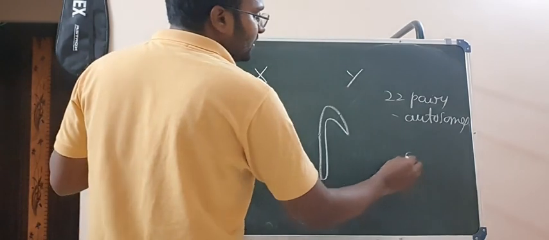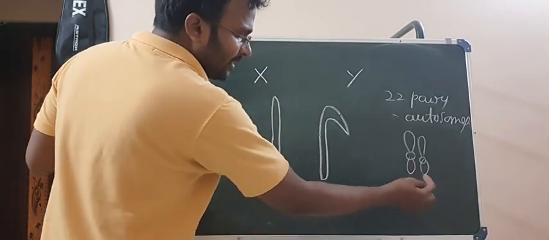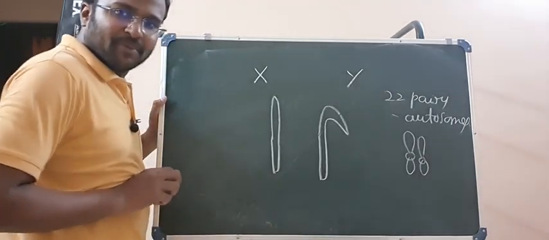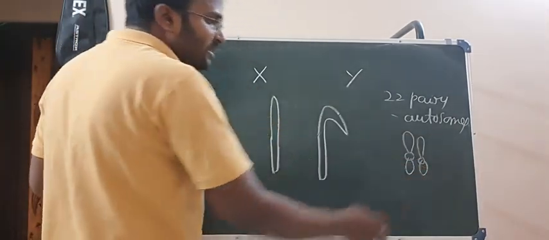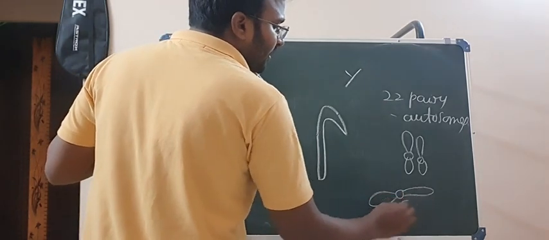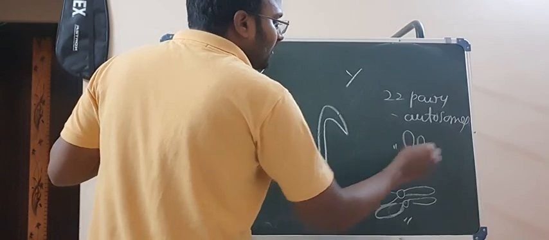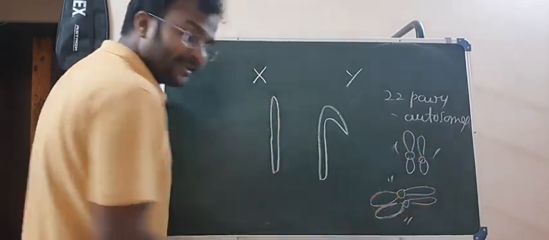Homologous to each other in the sense that the first pair of chromosomes, if you take, are equal in size and shape. The same type of genes are present all over the body. The second pair of chromosomes are also equal in size and shape, homologous to each other.